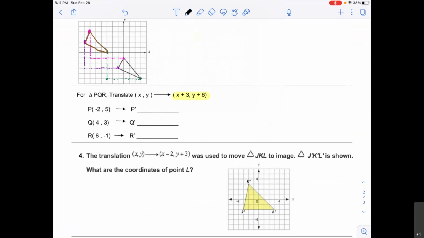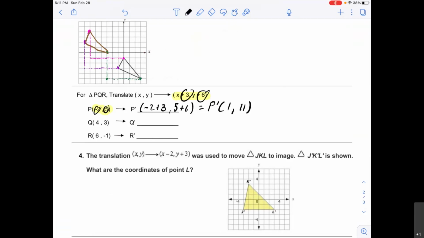So for P, -2, 5, this time instead of graphing, I'm going to say, okay, P prime then is -2 plus 3, because that's there, and then 5 plus 6. I'm just combining all of those things. That means P prime is -2 plus 3, well, that's 1, and 5 plus 6 is 11. So P prime would go at 1, 11.